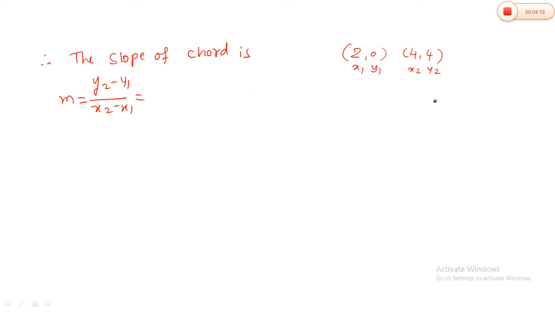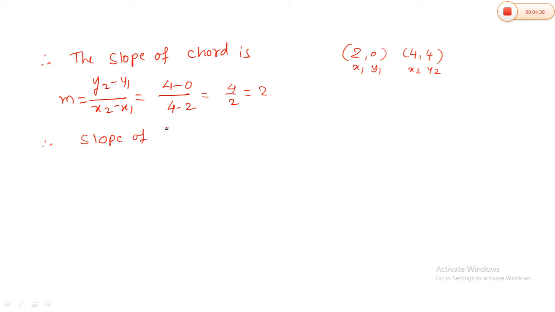Therefore, this equals y2 minus y1, 4 minus 0, divided by 4 minus 2, that is 4 upon 2, which equals 2.